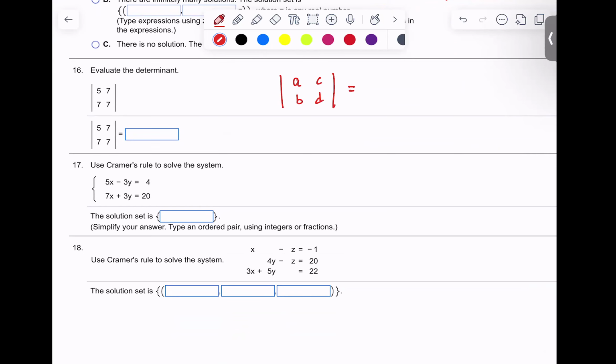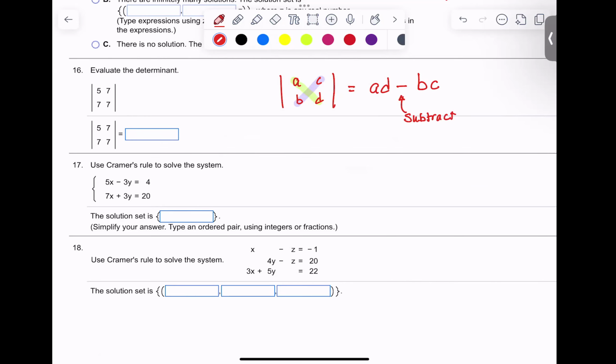To find a 2 by 2 determinant, you multiply the main diagonal, A times D, and you subtract from it the other diagonal, which is B times C. You always subtract, so you multiply first this diagonal, and then you always subtract the other. This is always a subtraction, always.